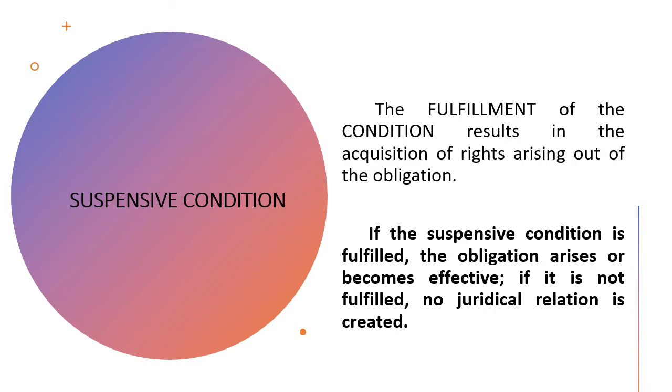If it is not fulfilled, no juridical relation is created. In essence, a suspensive condition suspends the rights and obligations under a contract until the condition is fulfilled. Once the condition is fulfilled, the contract is deemed to have been in force. However, if the suspensive condition is not fulfilled, then no binding contract between the parties comes into existence.